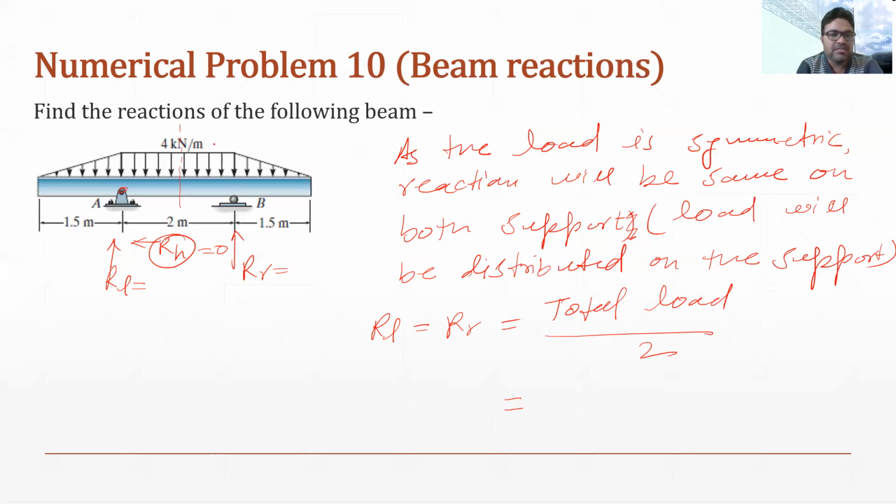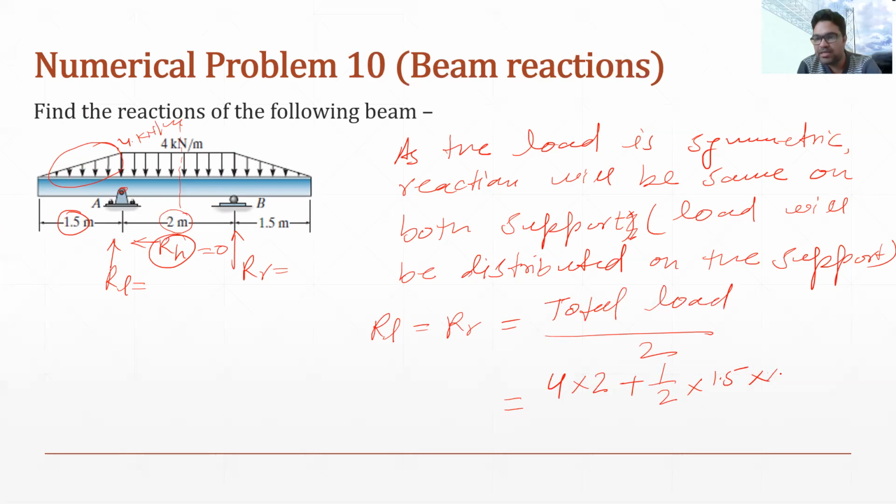So the total load here: the load between supports A and B is a UDL of 4 kilonewton per meter. So the total load because of this will be 4 into the distance it is spreading, which is 2 meter. So 4 into 2, plus the area of this load, which is half into base, where base is 1.5 meter, multiplied by the height, which is 4 kilonewton per meter.